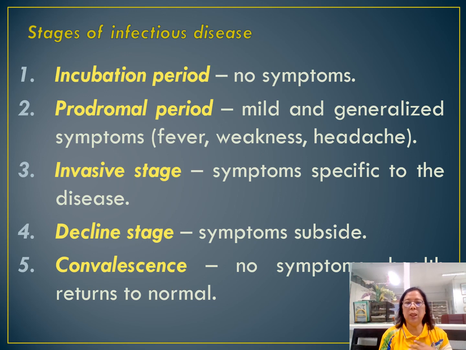And then you have the decline stage. The microorganisms are still there. The immune system might be able to fight, might be able to lower the occurrence of the symptoms, or might even decrease the invasiveness of the microorganism.